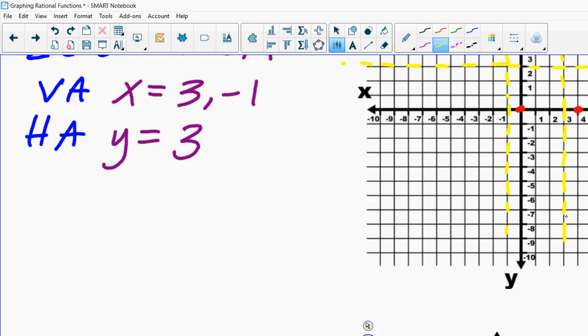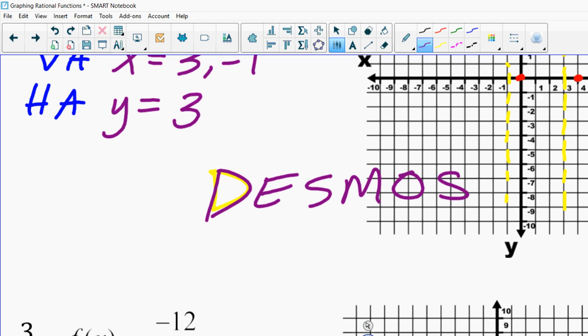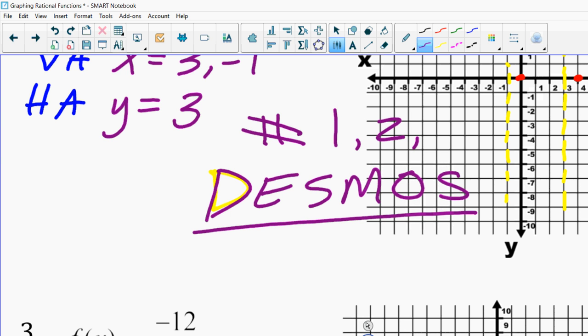Now, you can pull up Desmos, which is a graphing calculator. Everybody has that, you just go to desmos.com and you can pull that up. Now, when I give this to you, I'm going to give you a piece of graph paper as well. Number 1, number 2, and number 6. Those are the only 3 you're going to do.